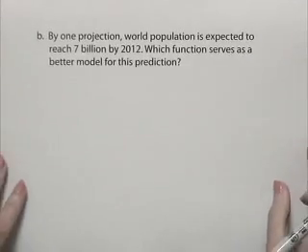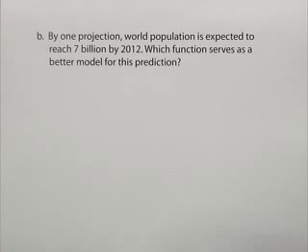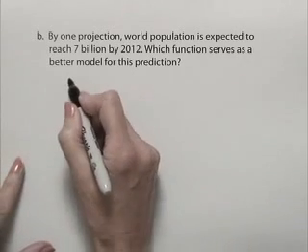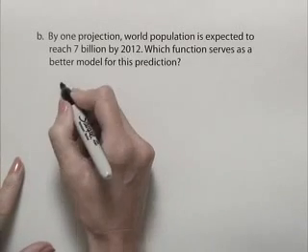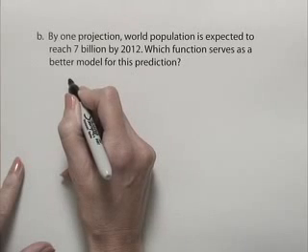By one projection, world population is expected to reach 7 billion by 2012. Which function serves as a better model for this prediction? We can take 2012, that would be 63 years after the year 1949.